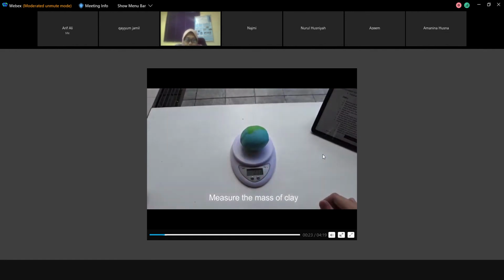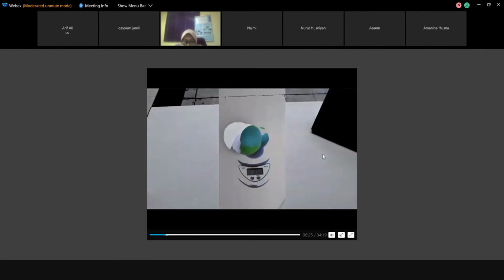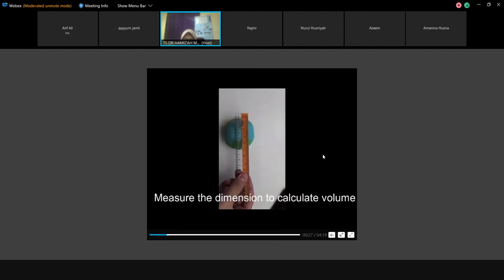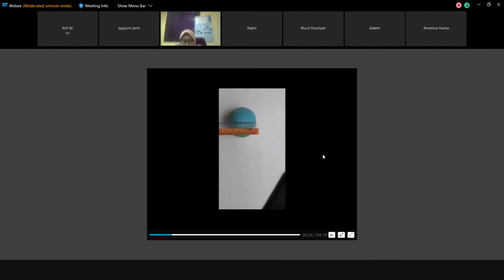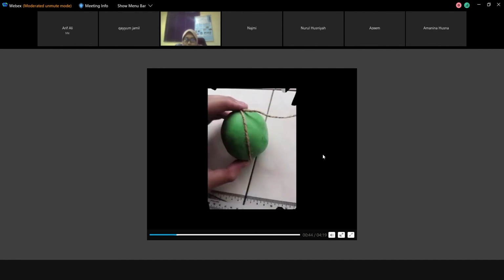So you have to make the ball first. Show its diameter. So either way, you can use a ruler or you use a rope.